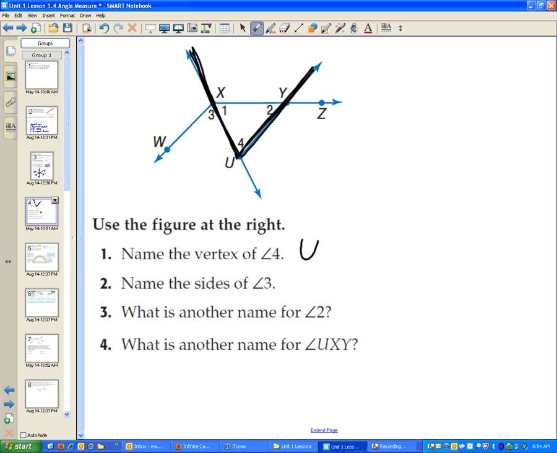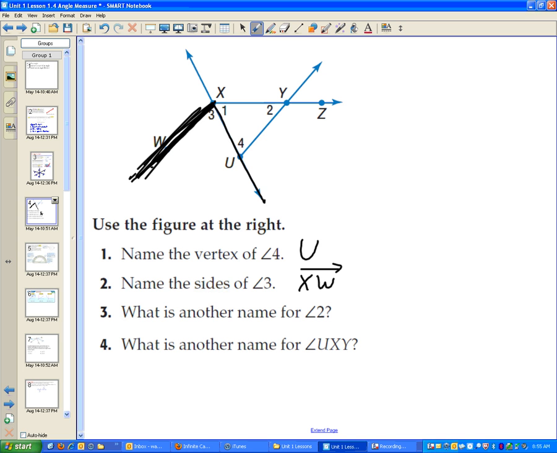U. Number 2, name the sides of angle 3. So again, trace out the sides of angle 3. Remember, sides are rays. Rays have a starting point. So this side right here should be called ray what? XW.